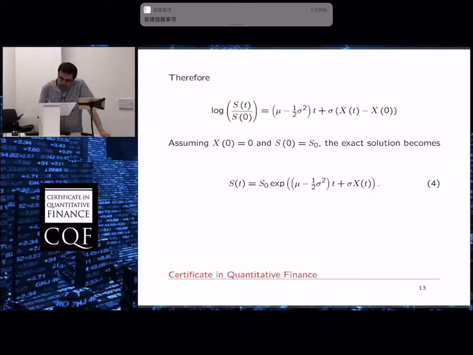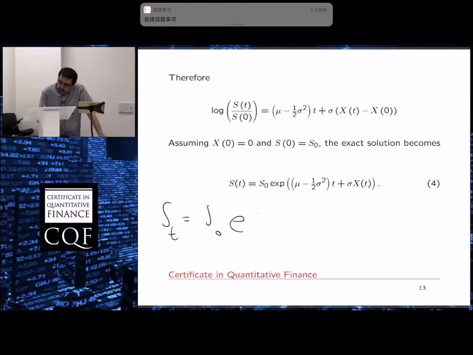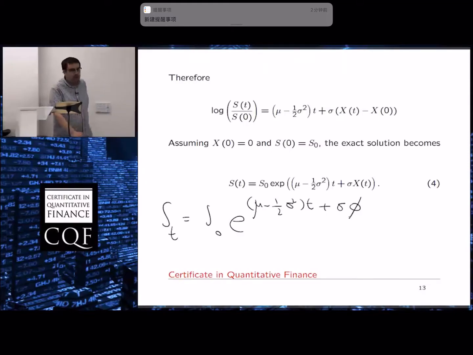We can also write this down as S_t. S_t is S naught e to the mu minus a half sigma squared t plus sigma times phi. What should I multiply the phi with?